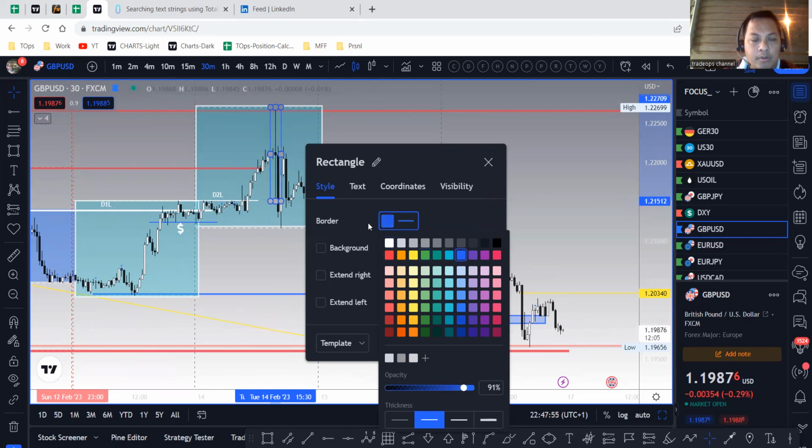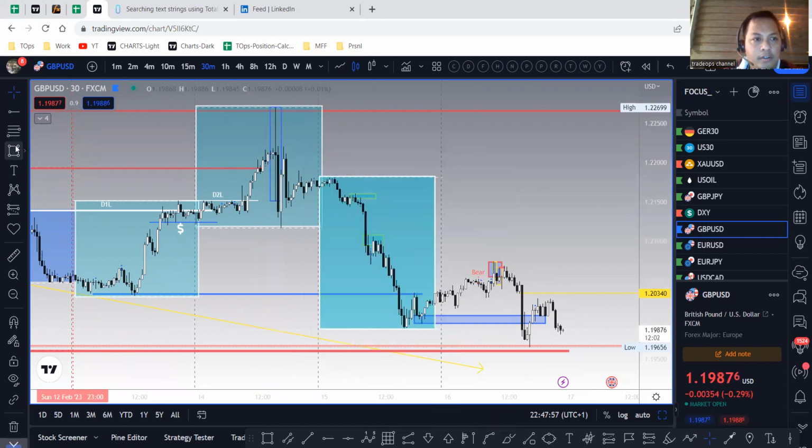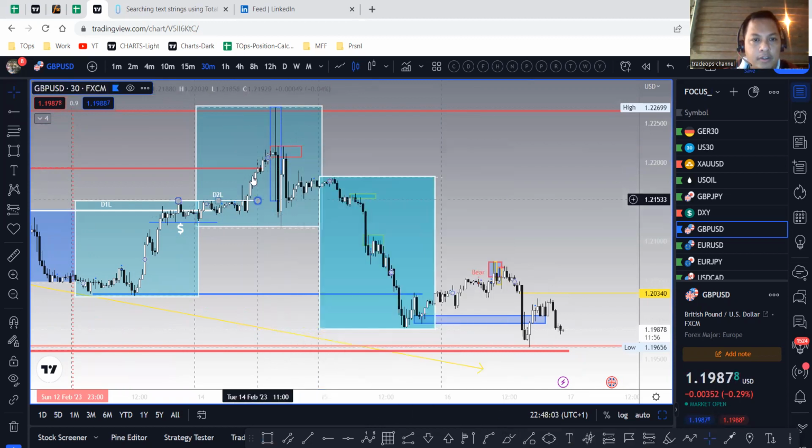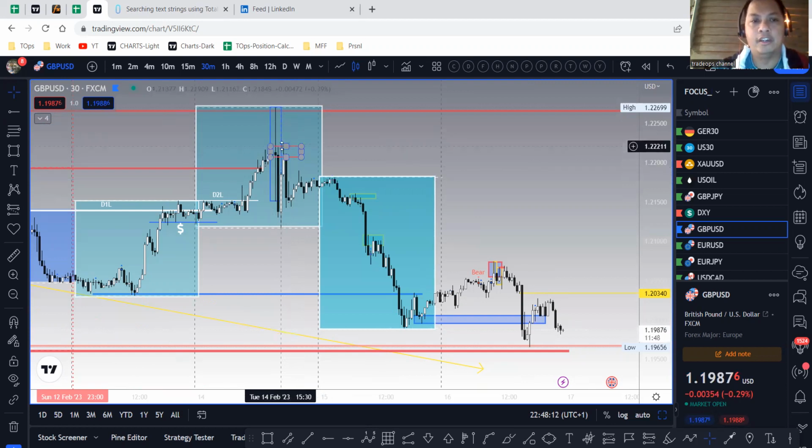Ito yung high and low. Then, nandito yung body. Sa body naman, merong high and low, including the wick of the next candles. So, as you can see, nagkaroon na ng hesitation. And then, actually, I traded this with a stop loss above this here, above the red.